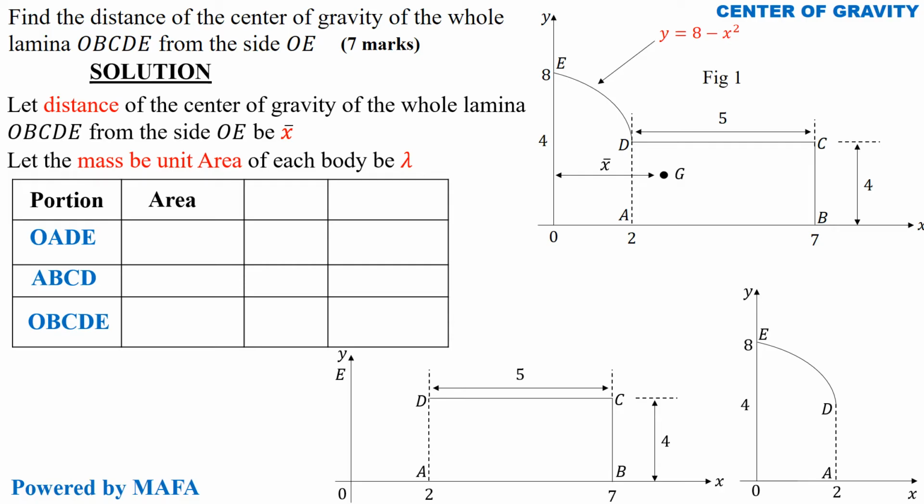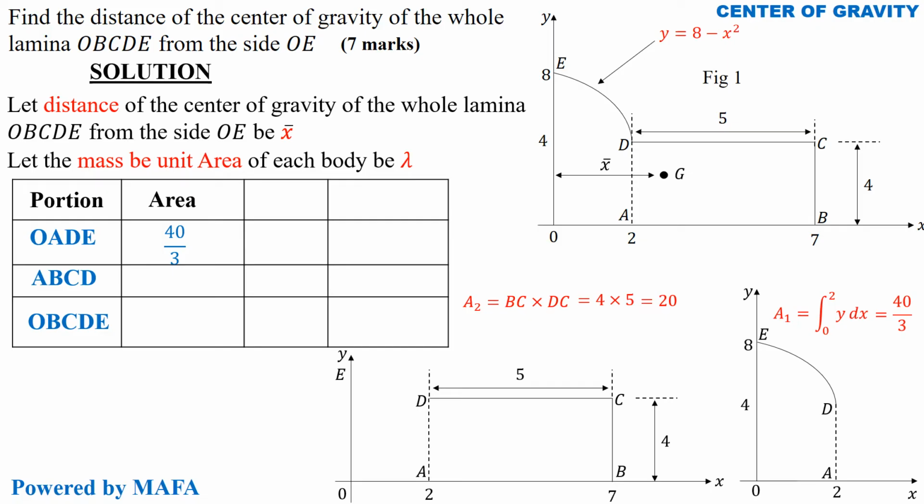Now next we move to the areas of these portions. For the first one, we calculated the area already and we had 40 on 3, remember, in the first part of the question, so we can input that into our table. Next, for the second part, we have the area of a rectangle, which is the length times the width. The length is DC, which is 5 units or 5 centimeters, and the width is BC, which is 4 centimeters.